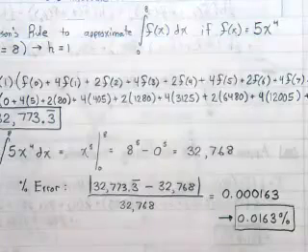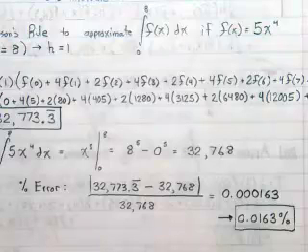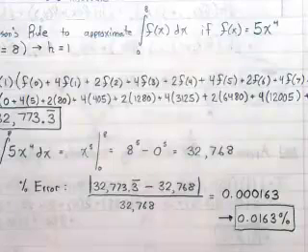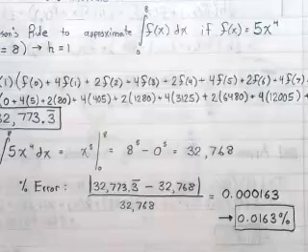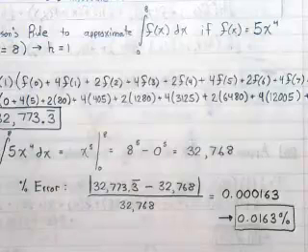Now for this particular integral, if you're trying to figure out the value of an integral of 5x to the fourth, we can do this one by hand. So in practice, would Simpson's rule be something you would need to do for this integral? No, because we have a perfectly good method that we know gets it exact. But what if I gave you an integral that you have no idea how to do yet, because there are lots of them out there that it's going to be a while before we can do?